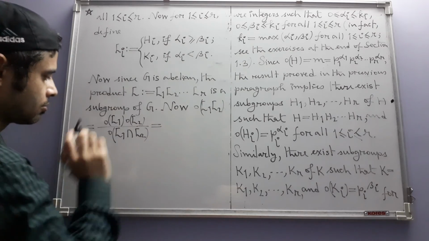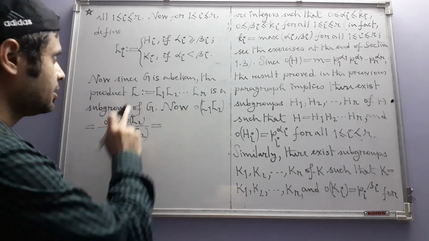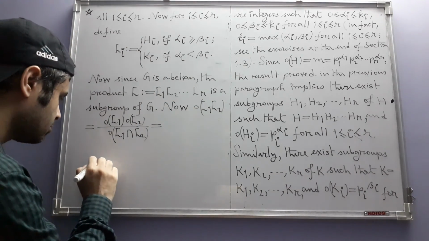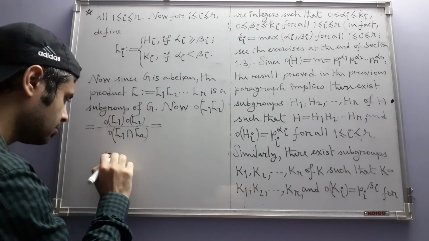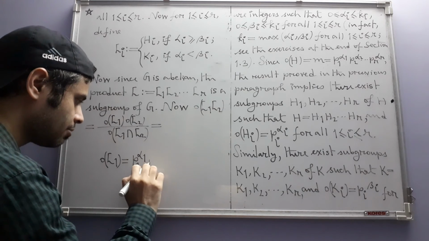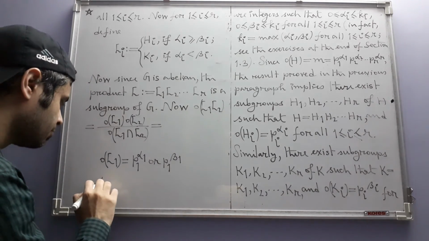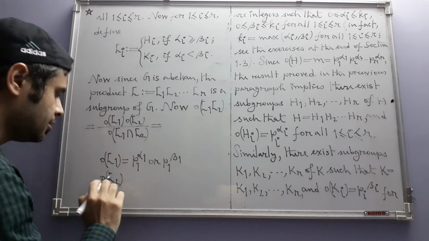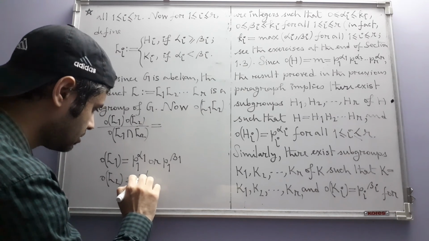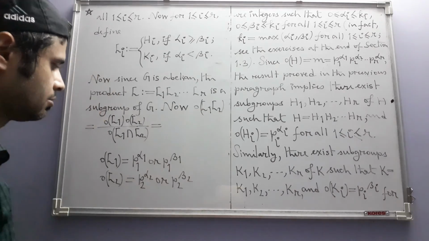Now L1 is either H1 or K1. So that means order of L1 is either equal to P1 to the power alpha 1 or P1 to the power beta 1. Like that, L2 is either H2 or K2, and as such its order is this or this.